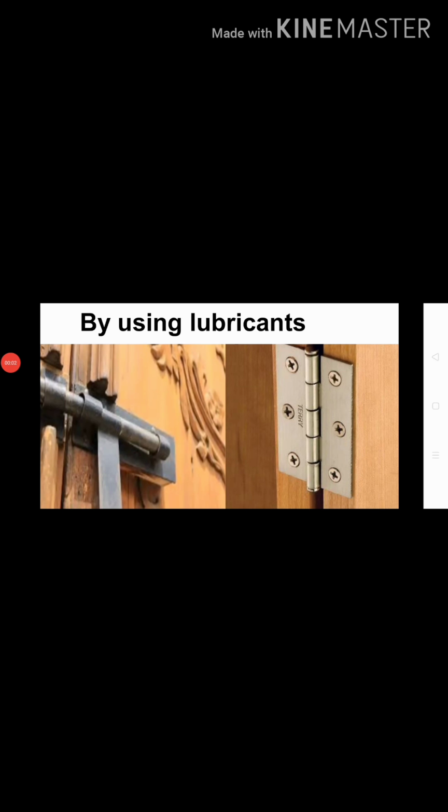Next is by using lubricants. You might have seen that when a few drops of oil are poured on the hinges of a door, the door moves smoothly because the oil reduces the friction. So we can easily open or close the door.